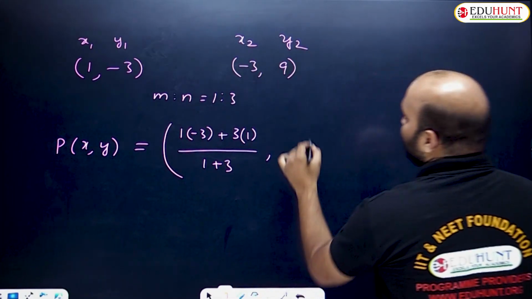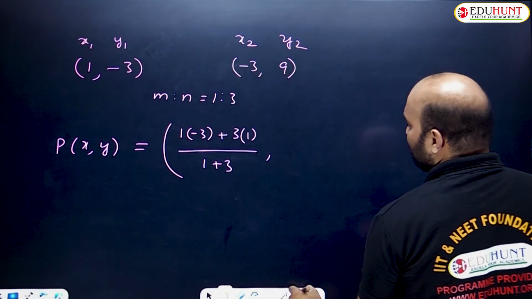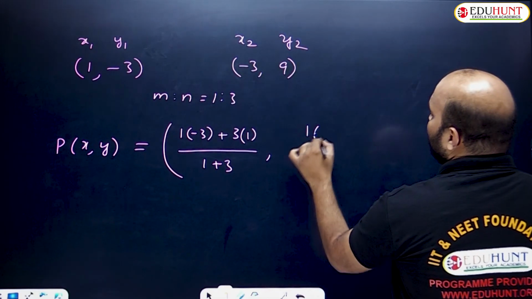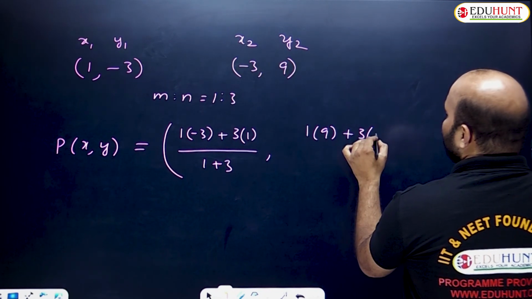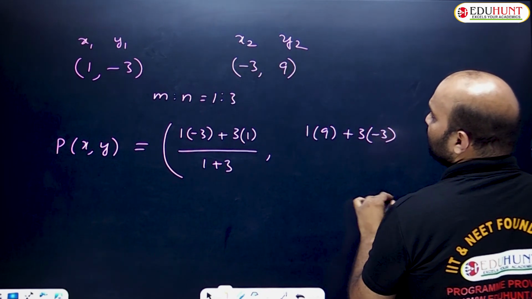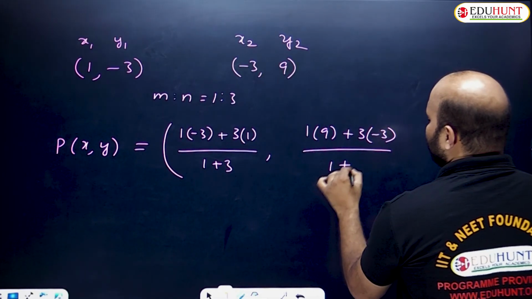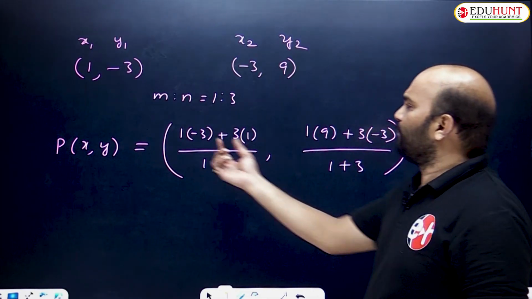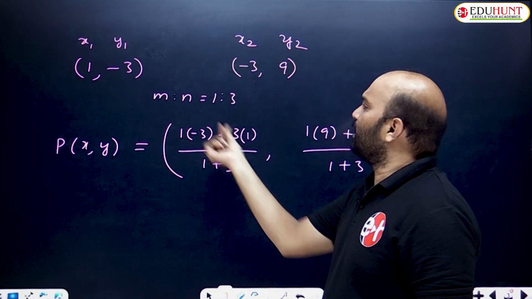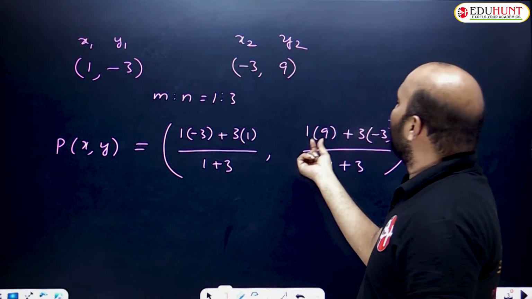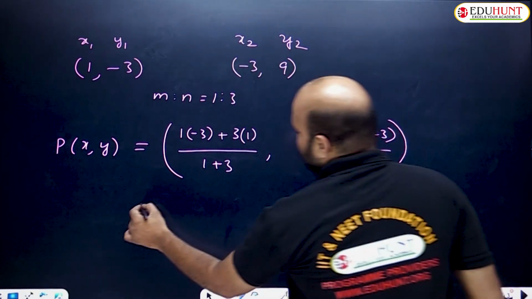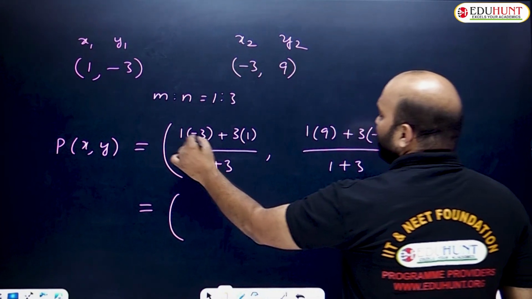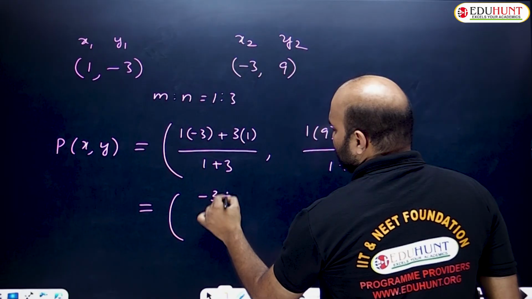Next, again m y2: m value is 1, into y2, 9, plus n, 3, into y1, -3, whole by 1 plus 3. Am I clear? So (m x2 + n x1) / (m + n), (m y2 + n y1) / (m + n).